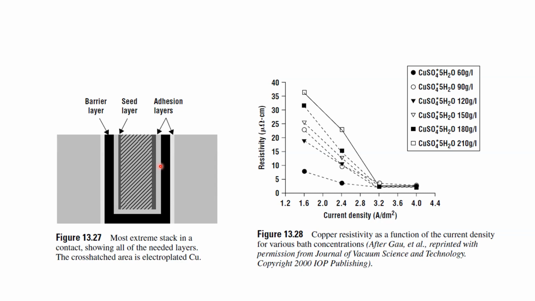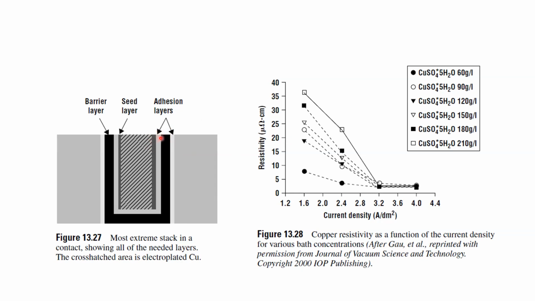So we need a barrier layer, like here, the barrier layer, the black region. This barrier layer is normally not so adhesive to the side wall of the silicon dioxide, so we need an adhesion layer. It is also not so adhesive to copper.